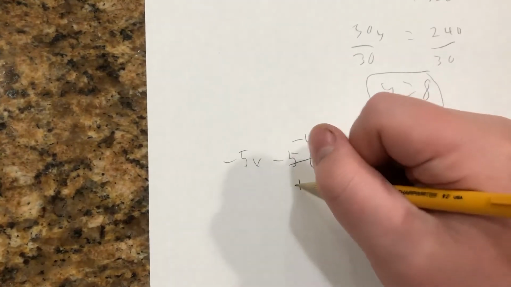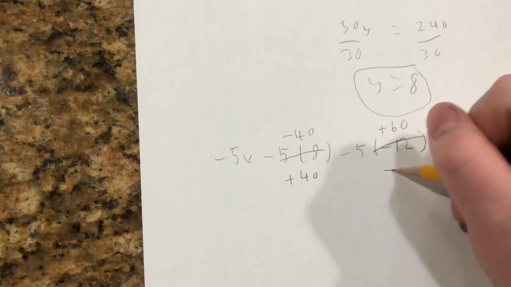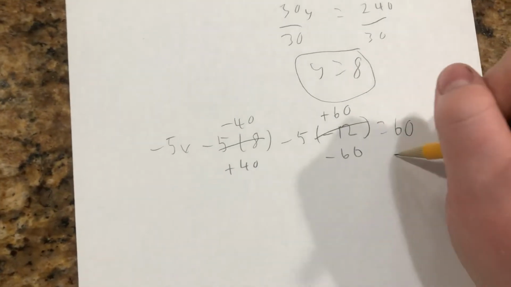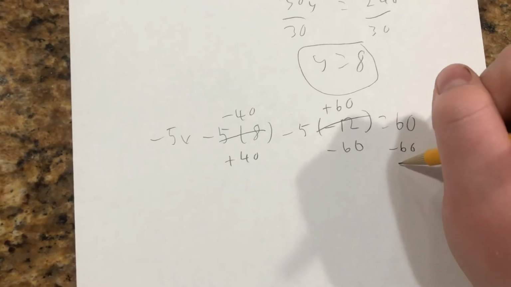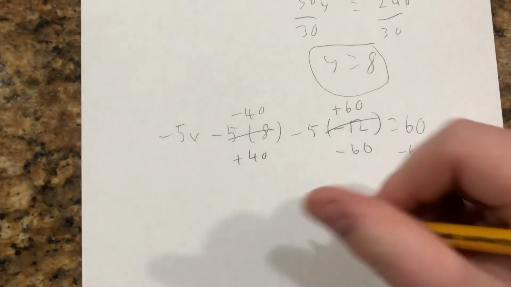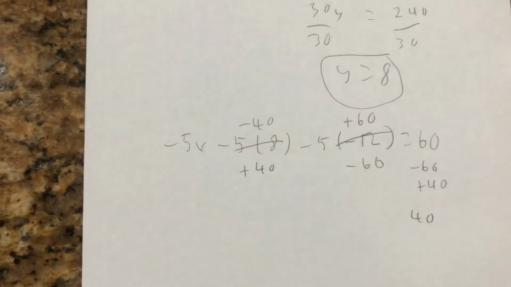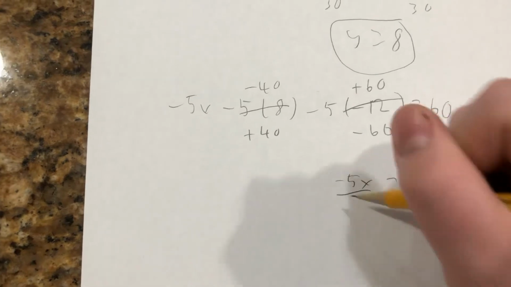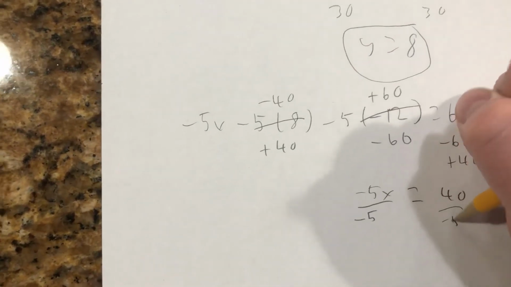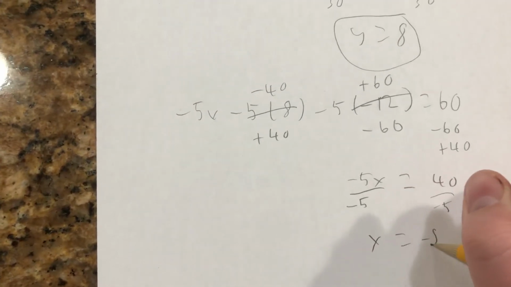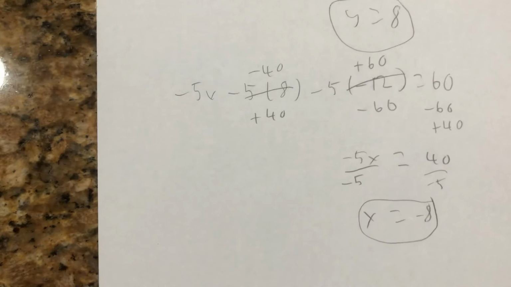We will next add 40 and subtract 60 to both sides, which will come out to 40. And we'll bring down the negative 5x to right here, and divide negative 5 from both sides, which will equal x equals negative 8. And that is the final answer.